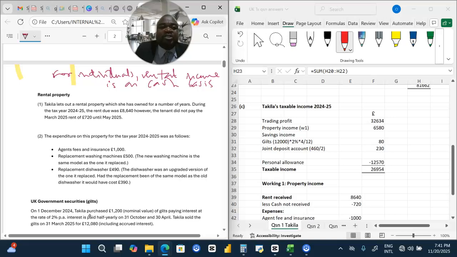So for rental purposes, we are told that the March rent of 720 was not paid until May 2025. Which means we need to deduct the 720, right? The 720 has to be deducted because it is cash which was not received. I hope my screen is clear to you guys.